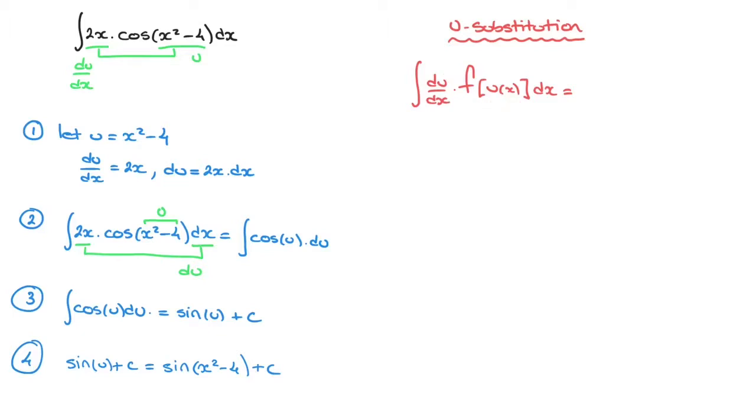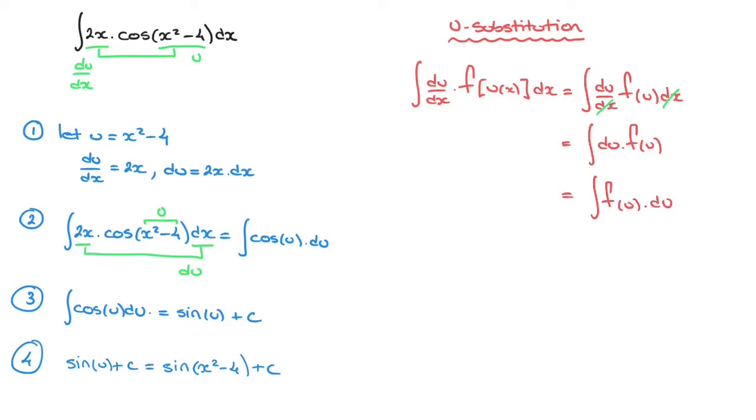Now we'll often just write this as the integral of du dx times f of u. And that really highlights the fact that u is treated as a variable rather than a function. And the way this works out is that these dx's kind of cancel each other out. And then we're left with the integral of du times f of u. And that can be rewritten as the integral of f of u du.